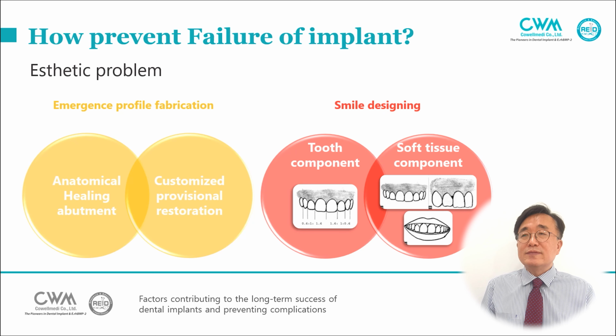Aesthetic problems could be prevented by emergence profile fabrication and smile designing. This emergence profile is made by anatomical healing abutment or customized provisional restoration. And smile line designing is made by tooth components, radial, soft tissue line and soft tissue volume.